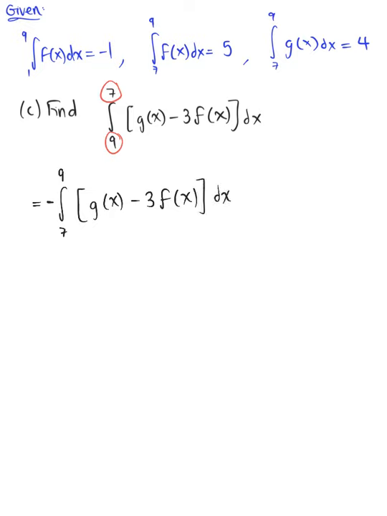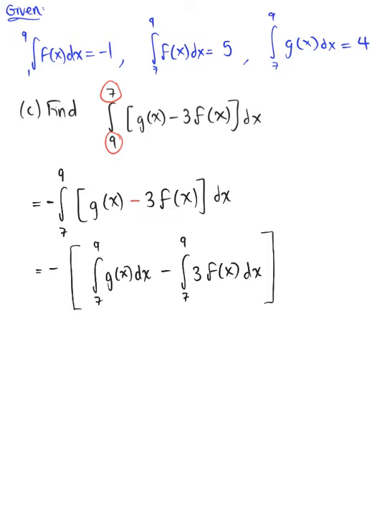Our bounds are in the correct order now. The next thing we're noticing is that we have the difference of two functions. So we can separate this into the difference of two definite integrals by the sum or difference property. Just be mindful of that negative. So we have minus, the definite integral from 7 to 9 of g of x dx minus the definite integral from 7 to 9 of 3 f of x dx.